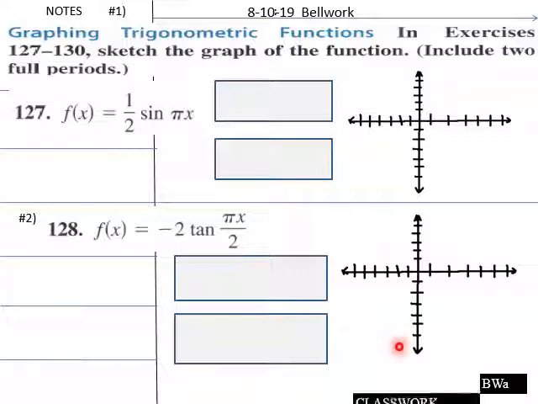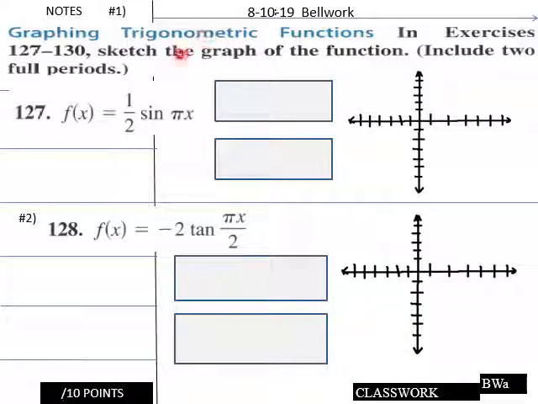Okay, welcome back for our solutions for graphing these trigonometric functions.